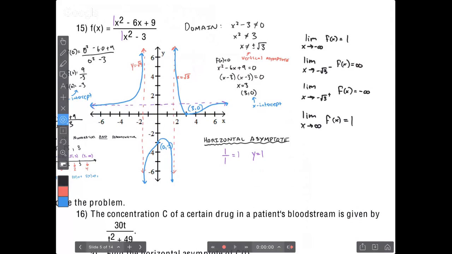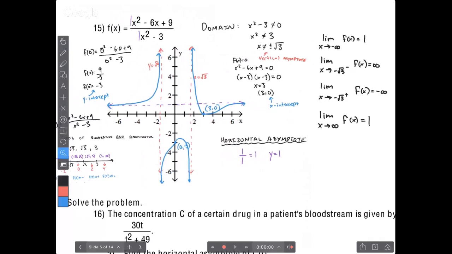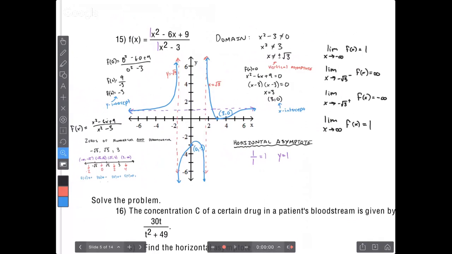Any questions on 15? My graph is wrong? That's bad. Are you being serious, Richard, or are you just making a joke?